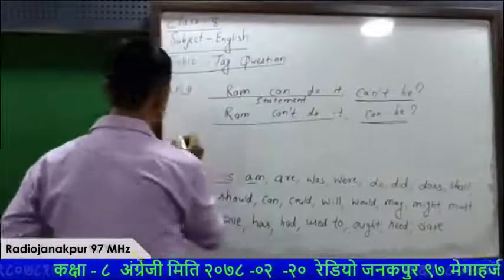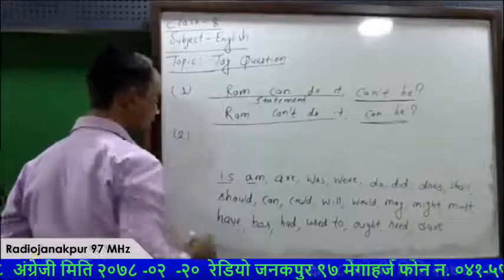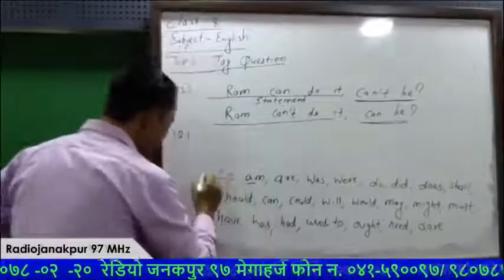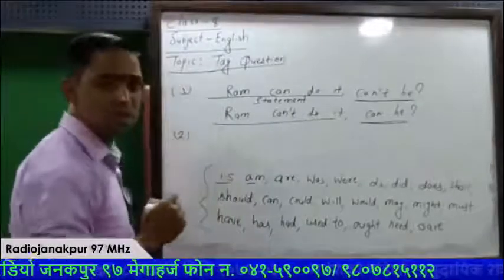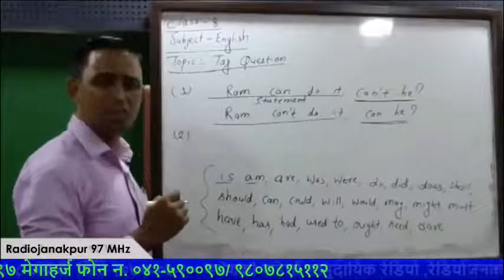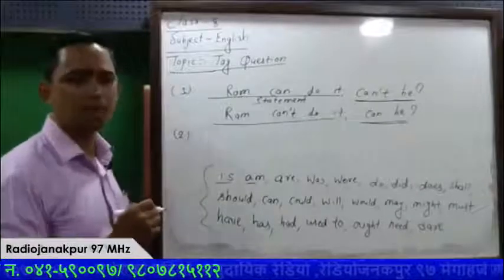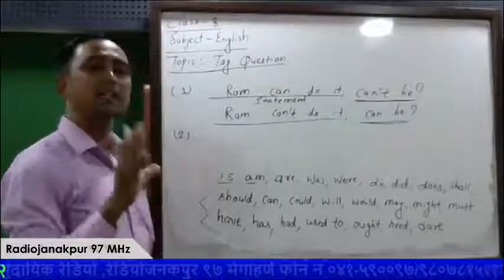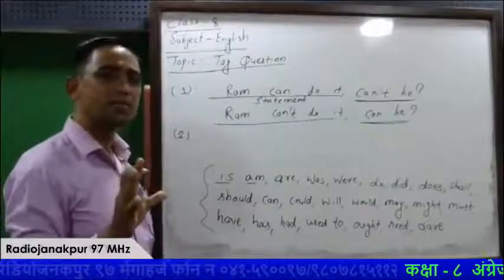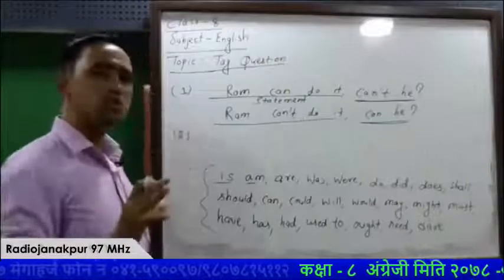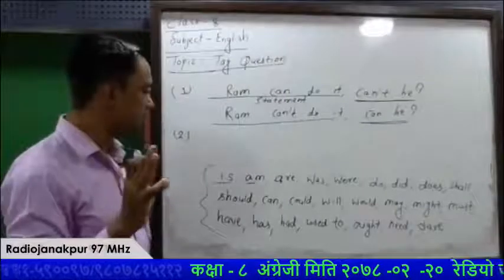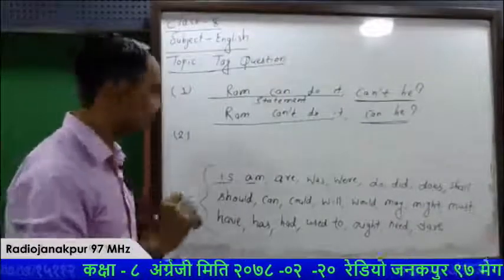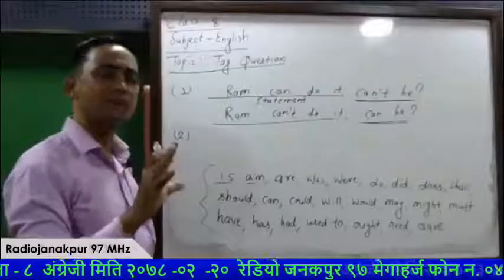Number 2, if there are these auxiliary verbs, which are also called helping verbs in the English grammar, if they are available in the statements or imperatives, then we should repeat the same auxiliary verb in the tag question.